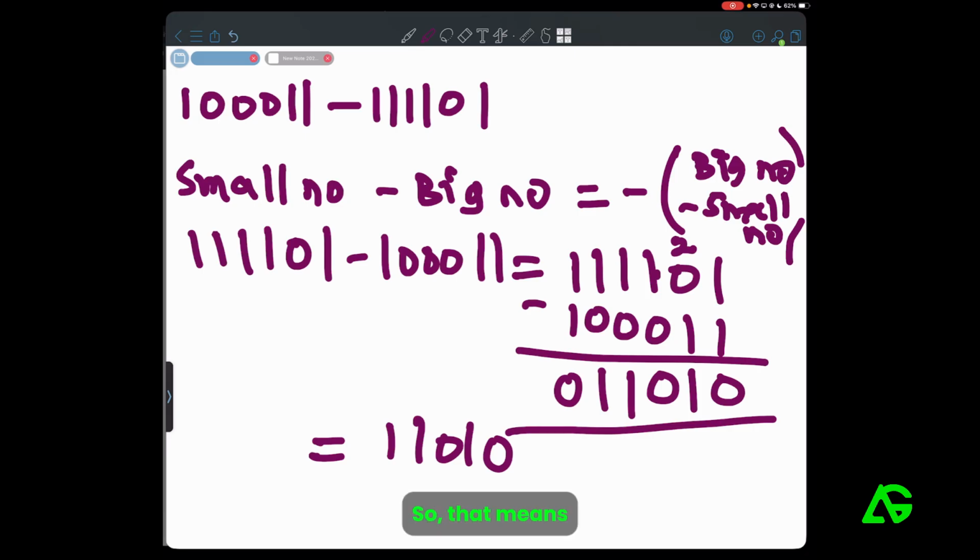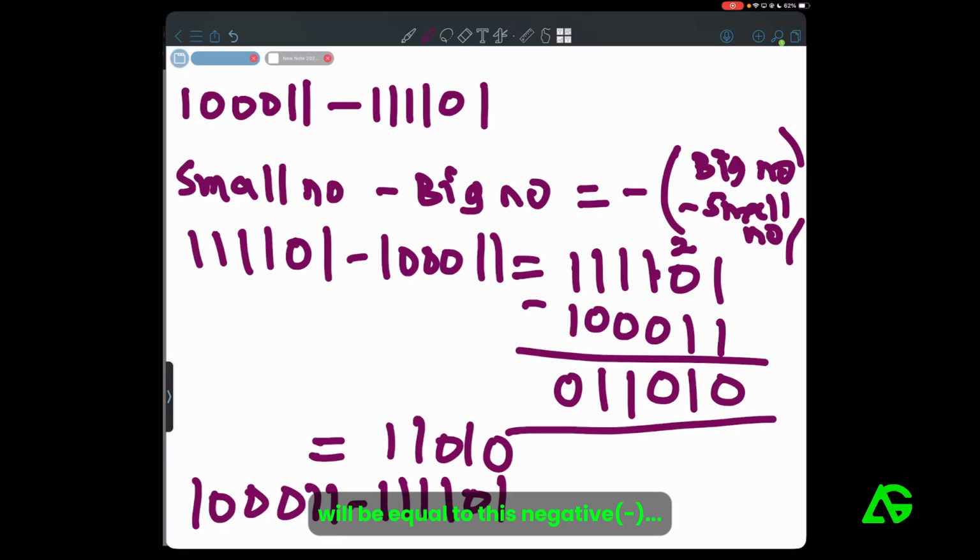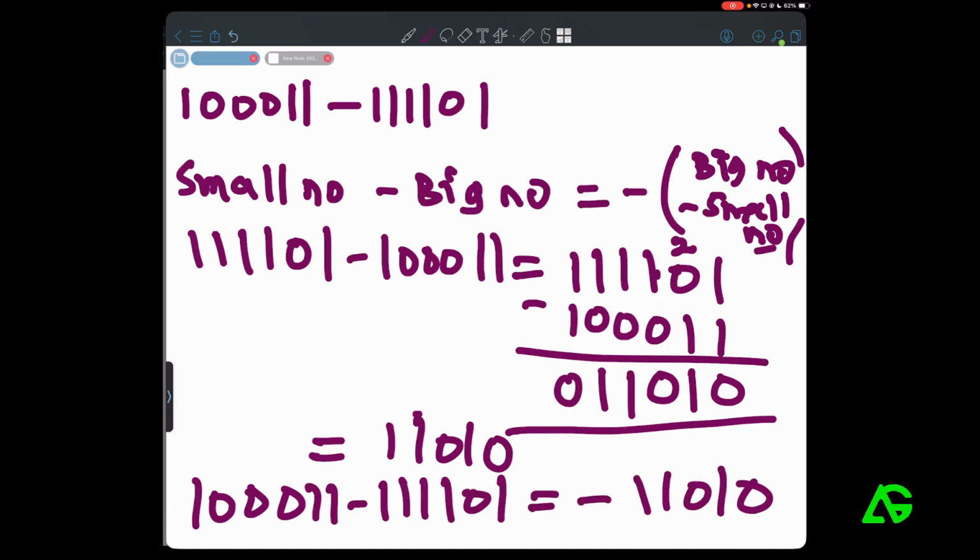So 1, 0, 0, 0, 1, 1 minus 1, 1, 1, 1, 0, 1 will be equal to negative of what we have in the bracket. The entire bracket results to 1, 1, 0, 1, 0 in base 2. So we've seen 2 ways of doing it, but this is the fastest of the 2 approaches.